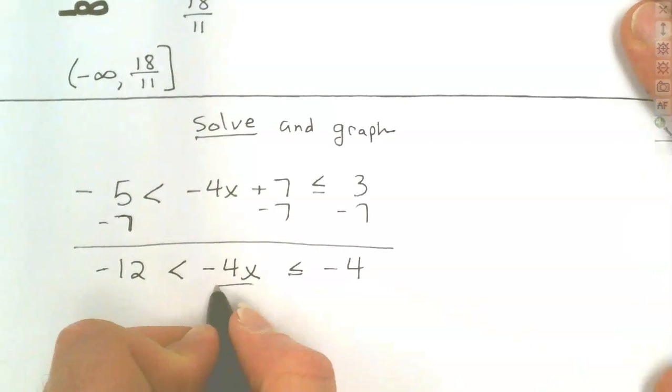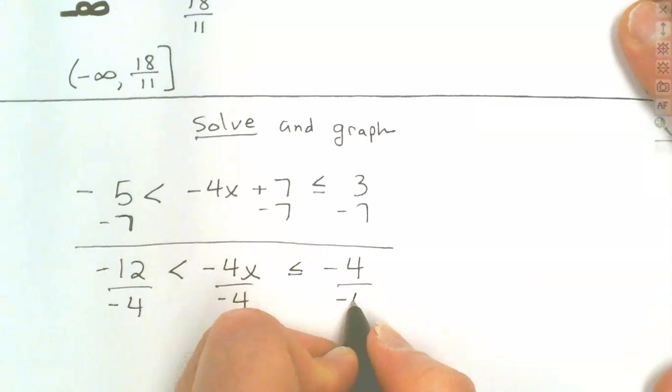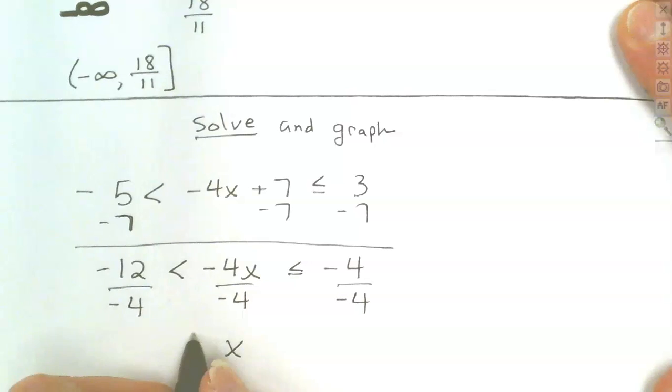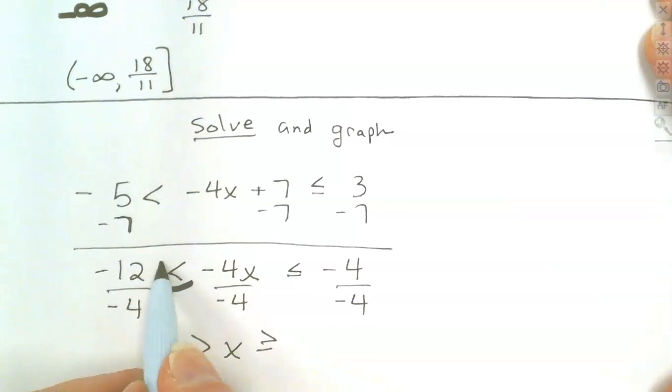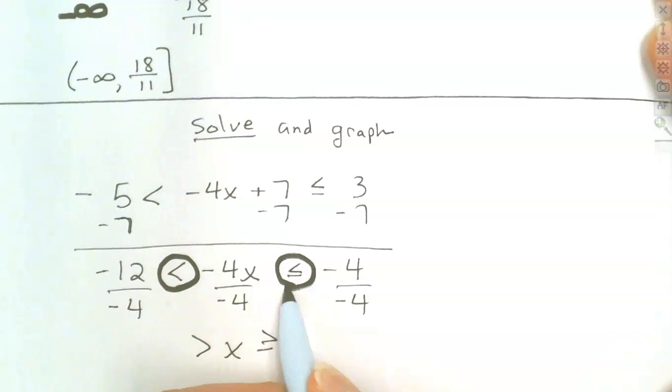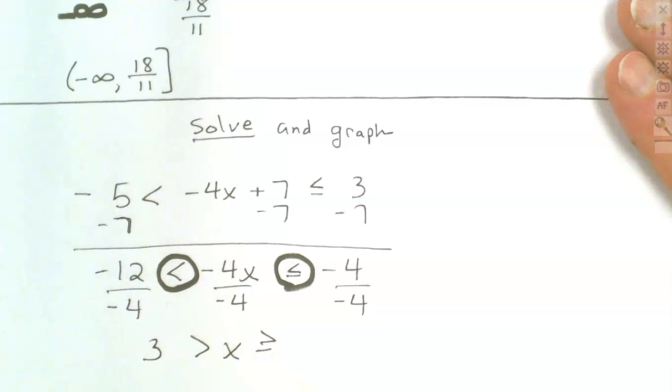We're going to divide by a negative 4. That then switches all of your signs out. So watch that. It's going to switch out your signs here. And we have a negative 12 divided by a negative 4. Well, that's a positive 3. Negative 4 over negative 4 is a 1.